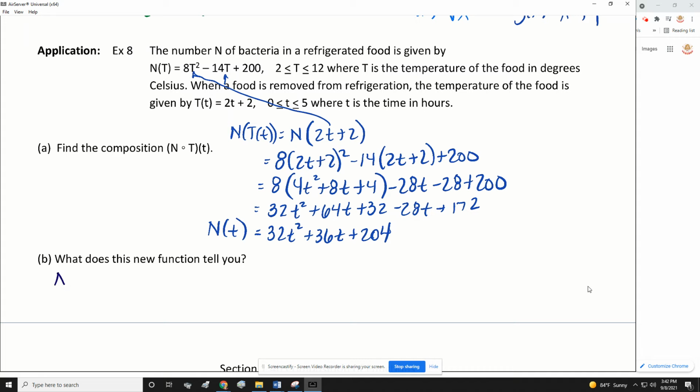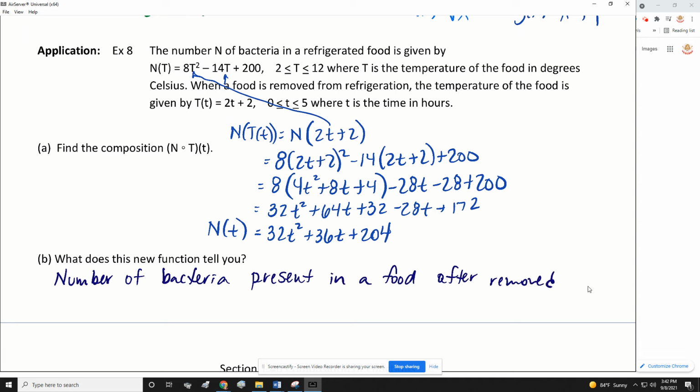So this should be the number of bacteria present in a food after removed from refrigeration for t hours.